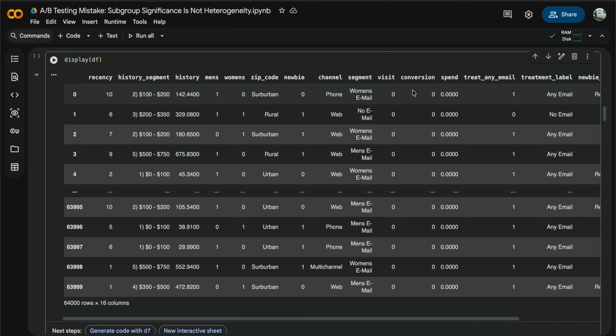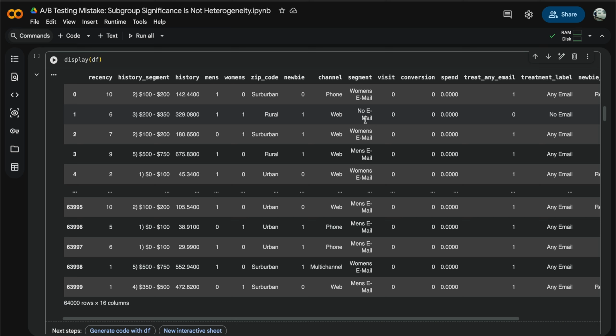So for this walkthrough, I simplify the experiment into a binary A/B test, any email versus no email. Let us focus on the main causal question. What is the incremental effect of sending an email?